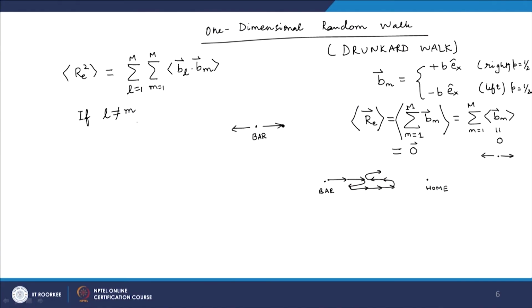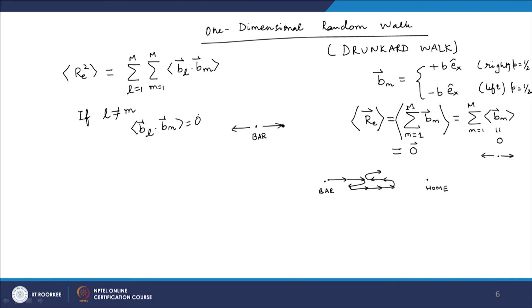So provided he moved to the left in step number 2, in step number 3 or step number 5 he can move both to the left or to the right with equal probability. There is no dependence between how he moved in a step with how he will move in any other step, right. So again we can say that this will be 0.